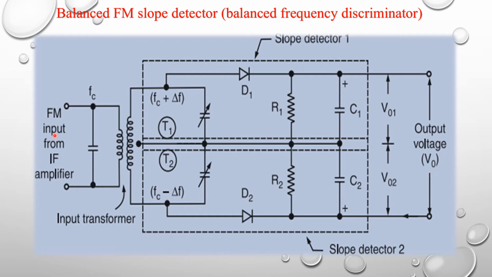This is the input of the balanced FM slope detector. The input is an FM signal, the tuning circuit converts the FM into AM, and the envelope detector detects the envelope of the AM signal. Across slope detector 1 and slope detector 2 we receive the balanced FM slope detector output, V0.